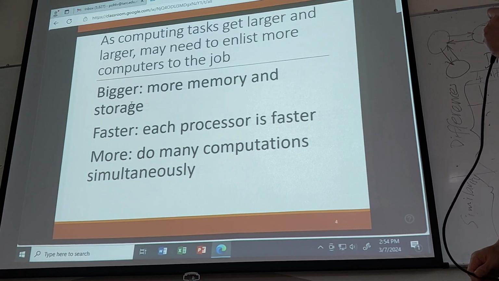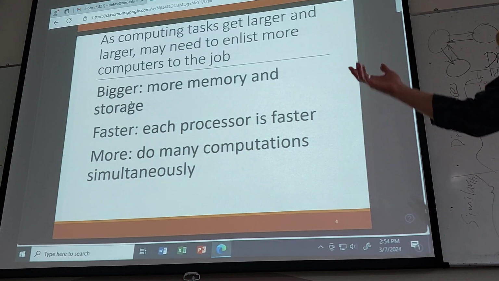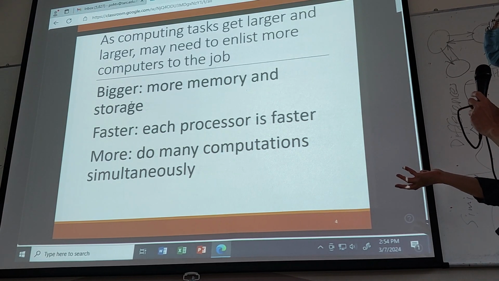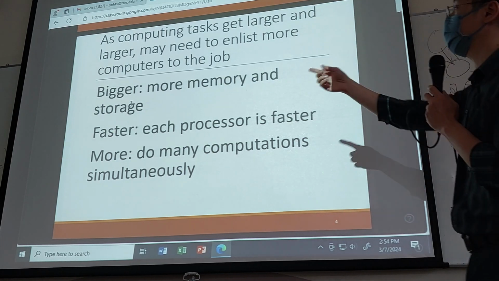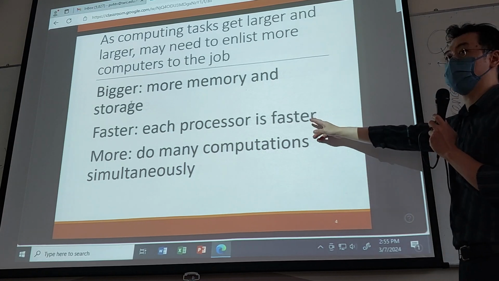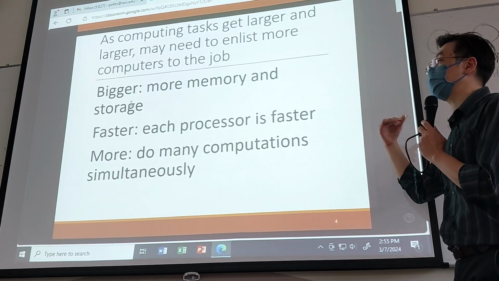And if we talk about training, for example, training AI, you need that much data. Otherwise, you are not able to train the AI well. So you need a lot of data in order to process it. Well, how are you going to process it in a short time? Also you need more memory, so you need bigger memory, bigger storage. You also need a faster computer. But if you cannot scale vertically, you have to scale horizontally.